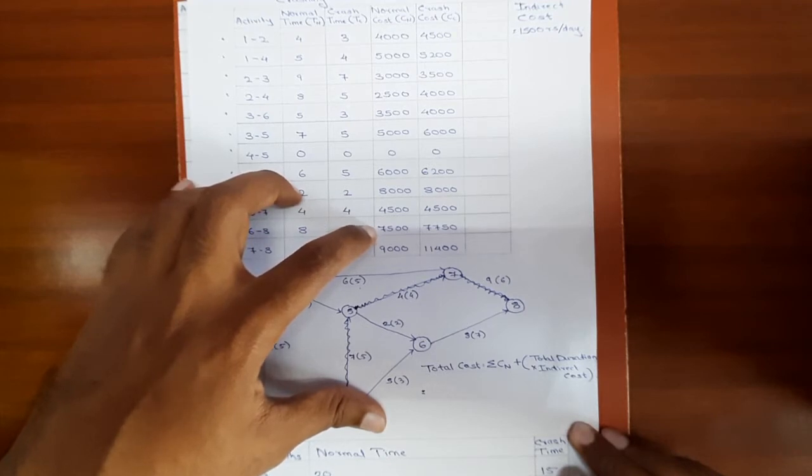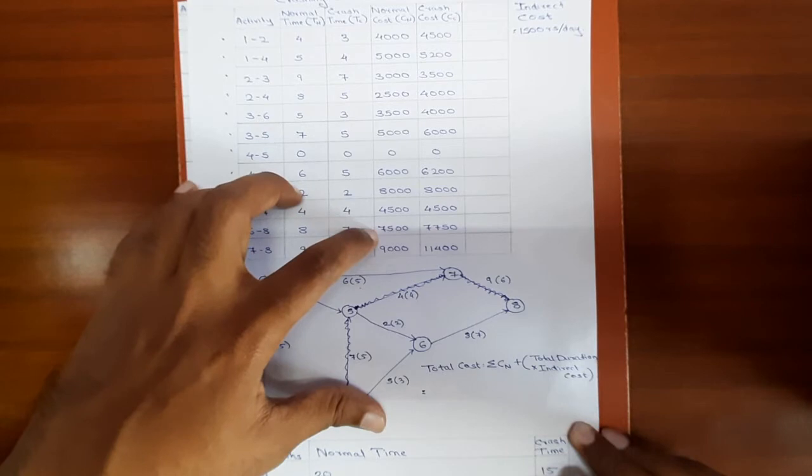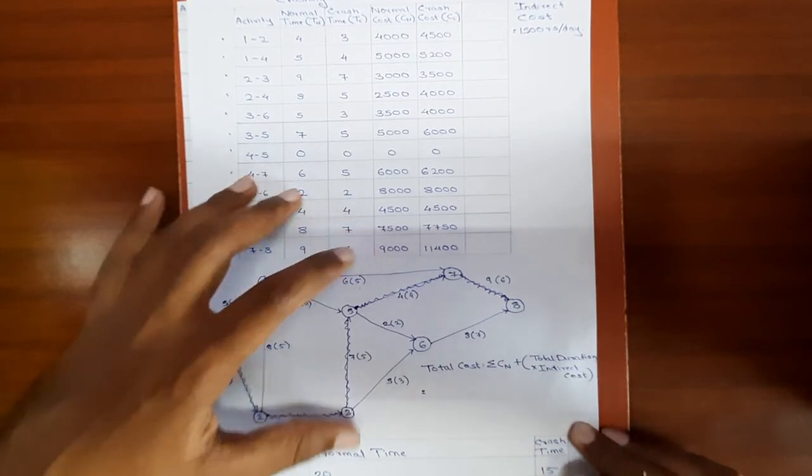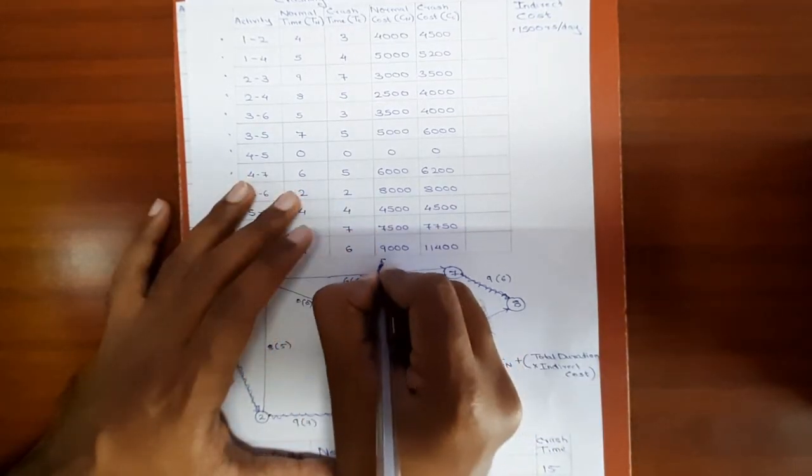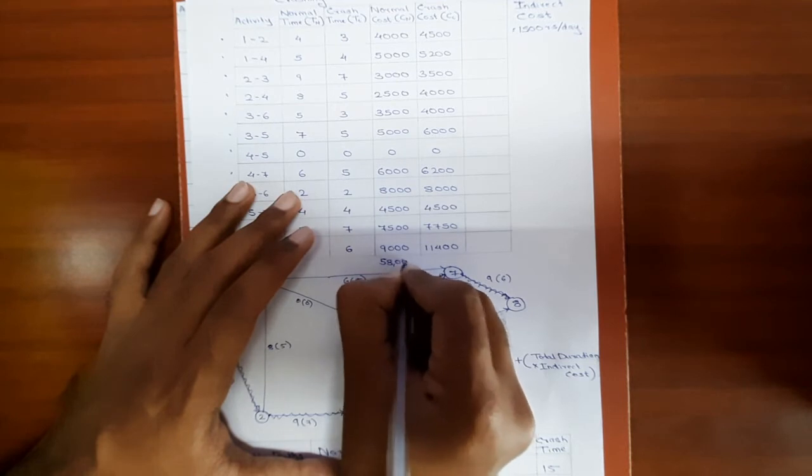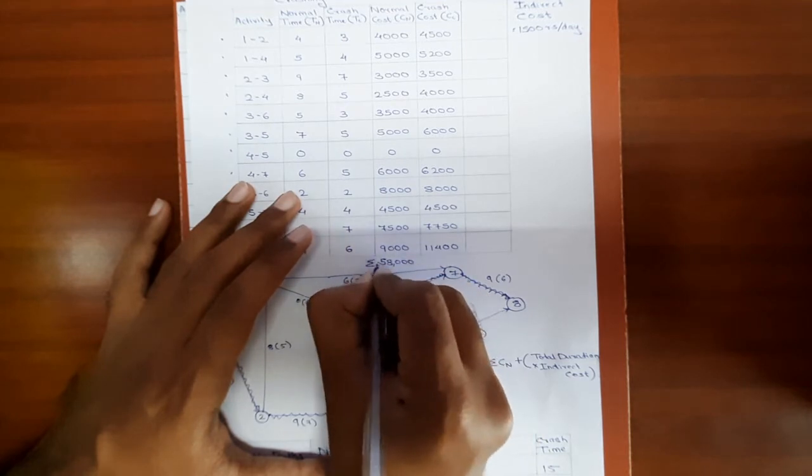49,000, 49,000 plus 9,000 is 58,000. So the total normal cost is 58,000 of all activities.